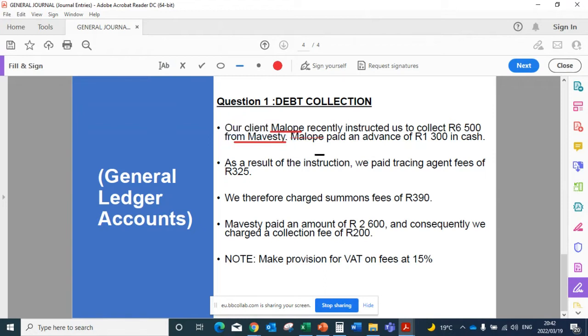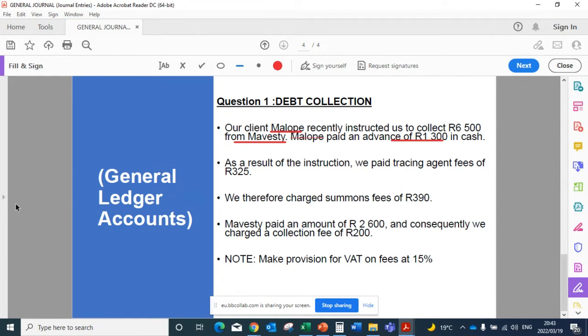Okay, so Malope, our client, paid us an advance of how much? 1,300 in cash. I think you know by now, if the client gives you money in advance, before you perform any other activities, that money belongs to the client.